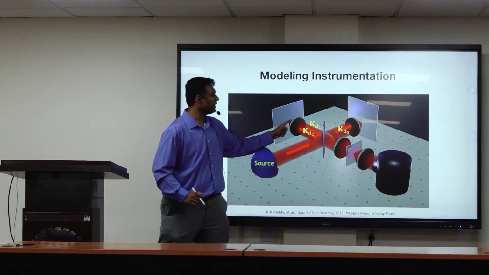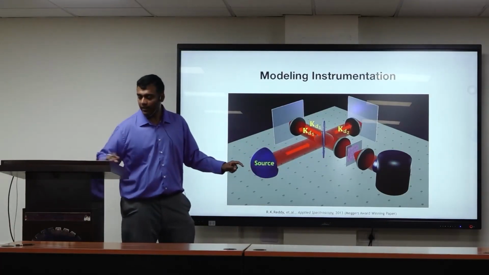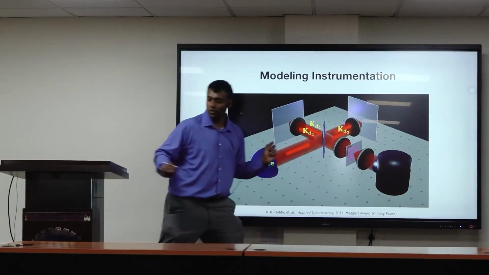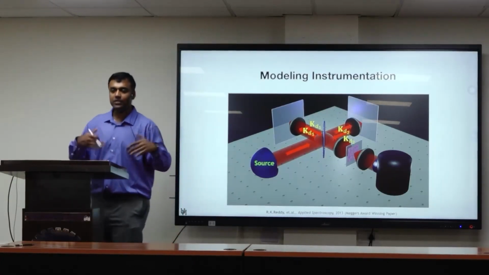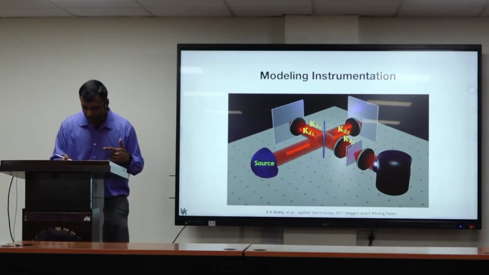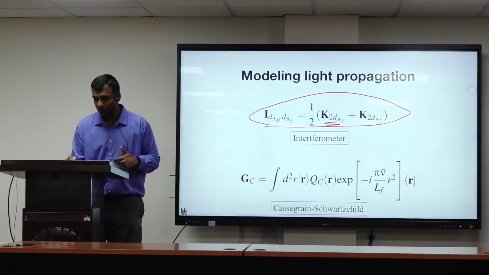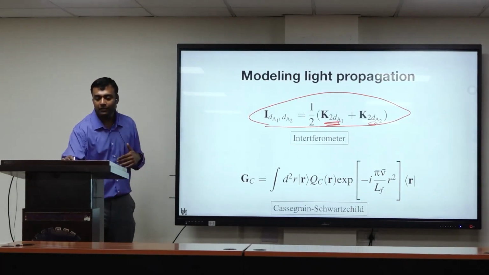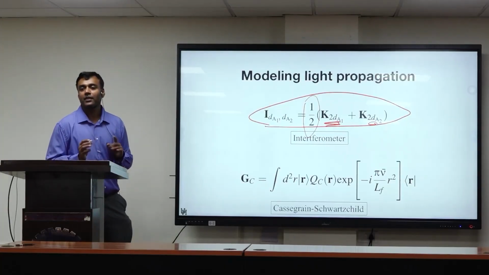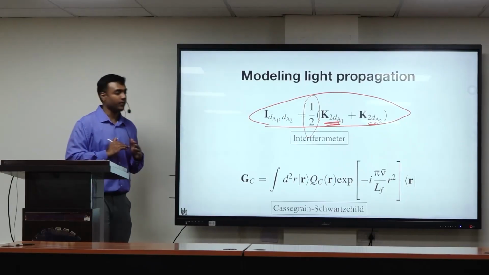So d1 forward, d1 back, so 2d1. And similarly d2 here and d2 back, so 2d2. And then there is a 50-50 component, right? Therefore what you have is 2d2 and 50-50 over here. So that's what the interferometer is doing.